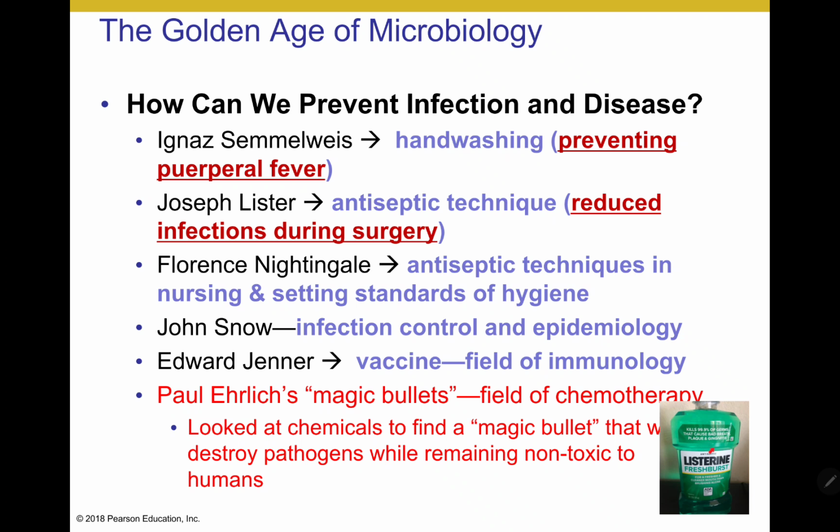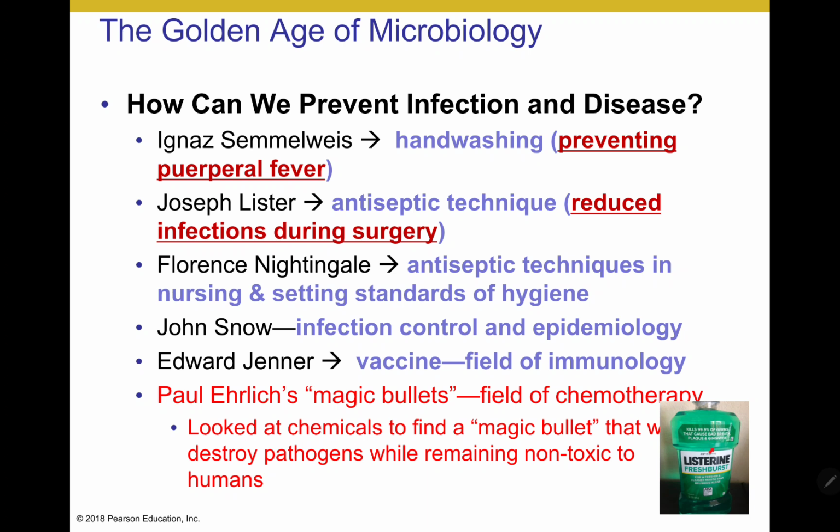But he wasn't really liked. We should say that, right? He noticed that women who were having babies in the hospital were more likely to die from giving birth than at home. So more women were dying in the hospital than women at home giving birth.